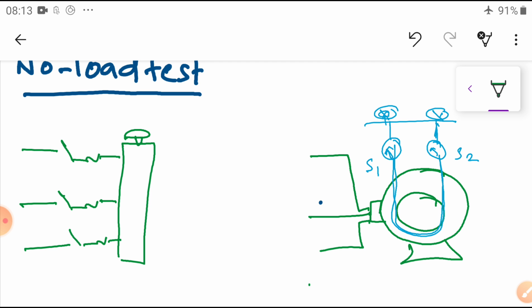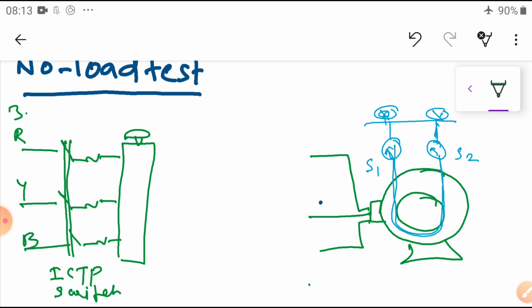So this is the ICTP switch, iron clad triple pole switch. This is the R phase, Y phase, B phase. Now the 3-phase supply is given to this one, 3-phase 400 volts, 50 Hz. Now the 3-phase variac.